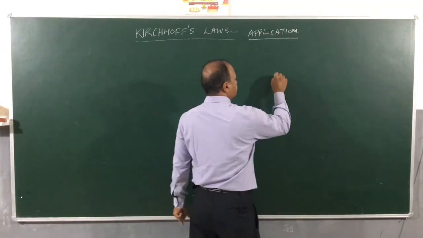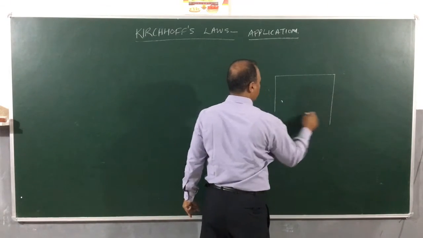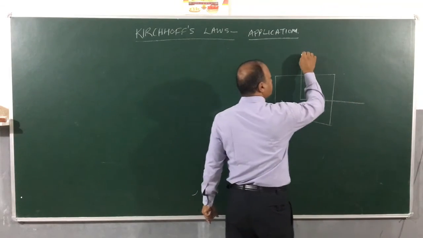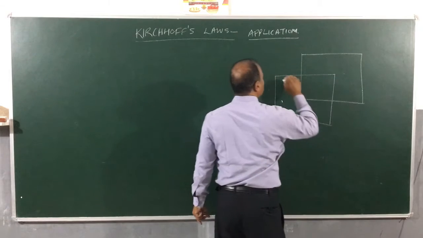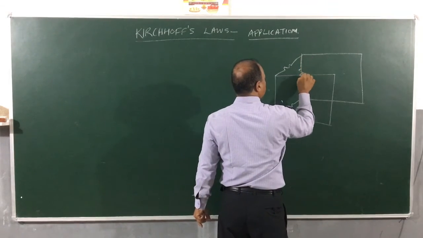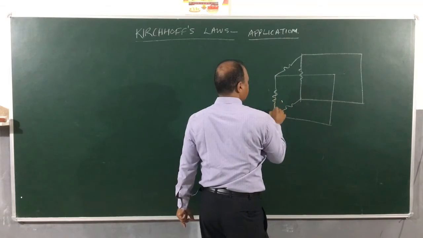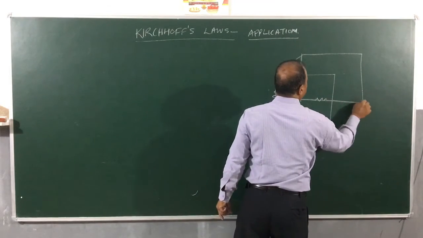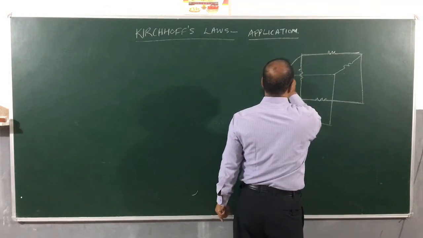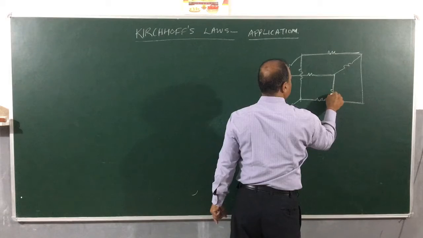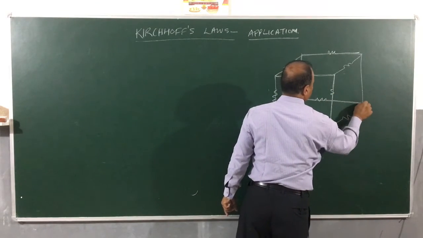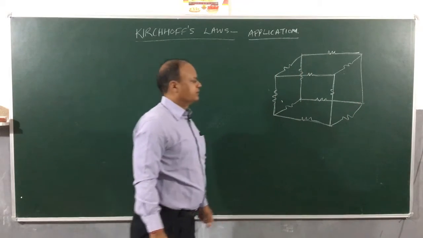The problem: there is a cube, each side is made up of resistance R. Clear?